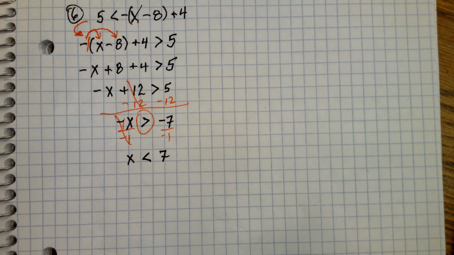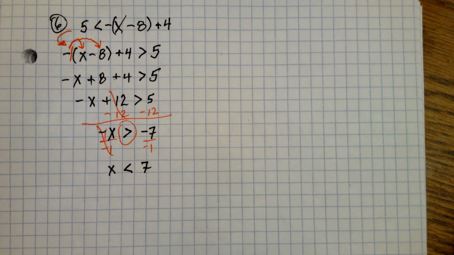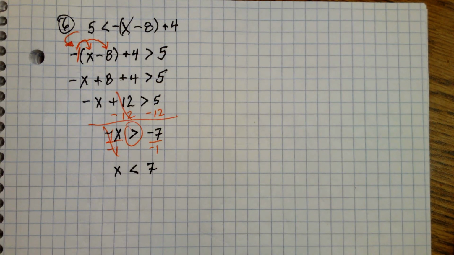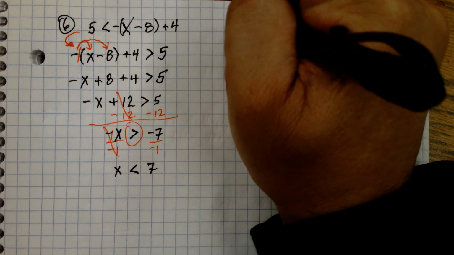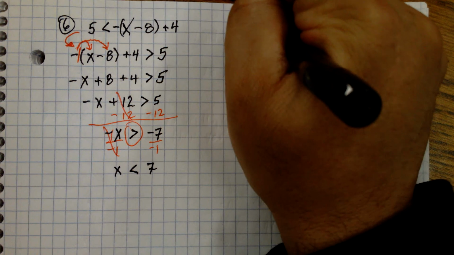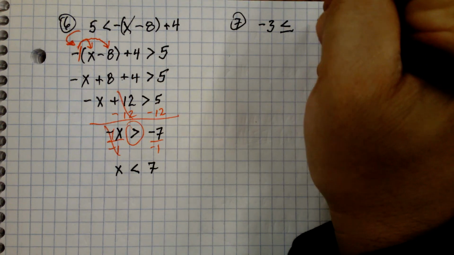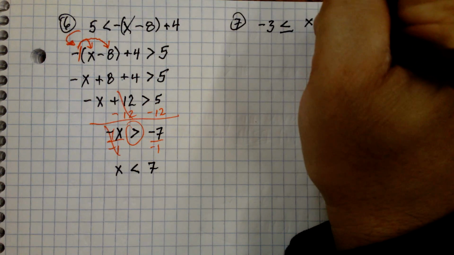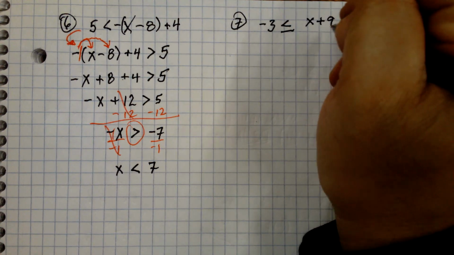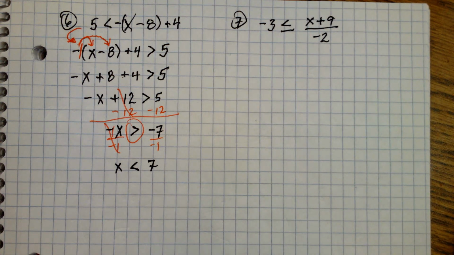Okay. We'll skip the graphs. I think we've done enough of those. And just do our last example, number 7. Okay, so this is negative 3 is less than or equal to x plus 9 divided by negative 2. So go ahead and write that. We've only done, I think, one more equation when we were working on equations like this.